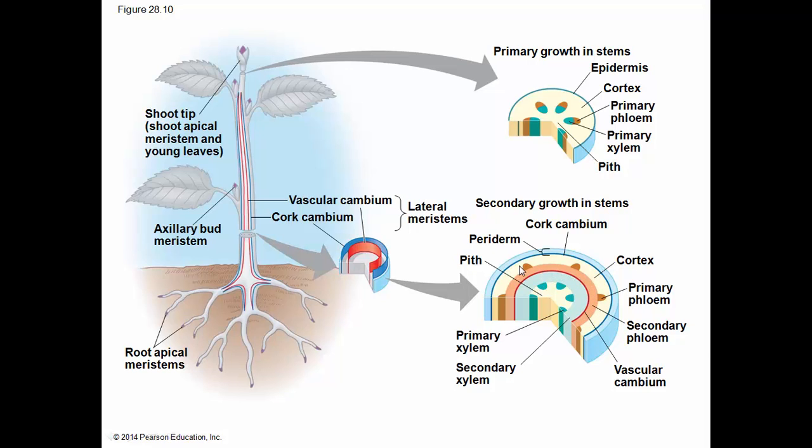Between the xylem and the phloem, there is the lateral meristem, which is increasing the girth of the tree, and this is where this growth occurs. Okay, so the cork cambium adds to the secondary dermal tissue, and the vascular cambium adds to the secondary xylem and phloem.